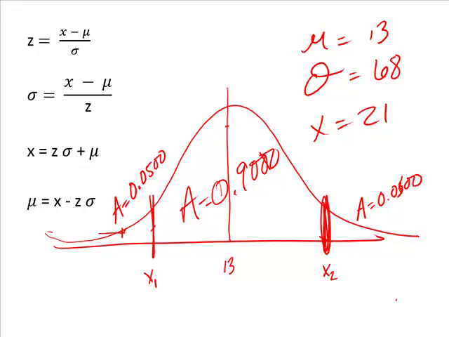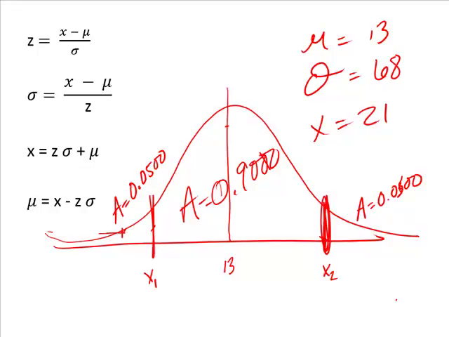So I know that the total area under the curve is 1. I've used up 0.9 of it, which means I have 0.1 left. But my curve is symmetrical, so I have to split that up into halves. Does everybody see why I have to do that?